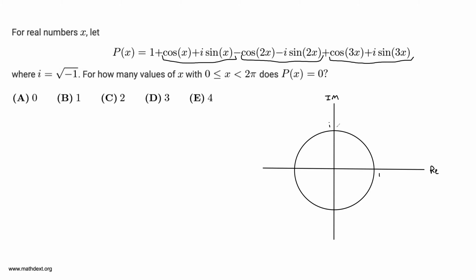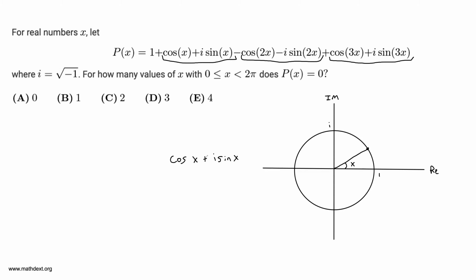What cosine of x plus i sine of x is equal to is, well, cosine of x plus i sine of x. This is actually defined as the point on the unit circle over, for example, over here, where this angle is equal to x radians.